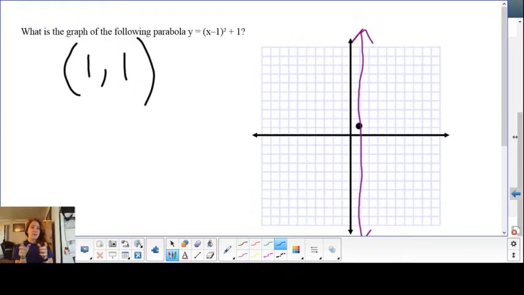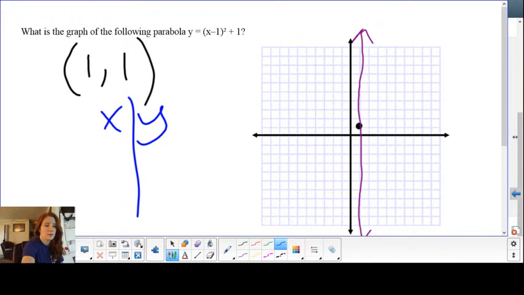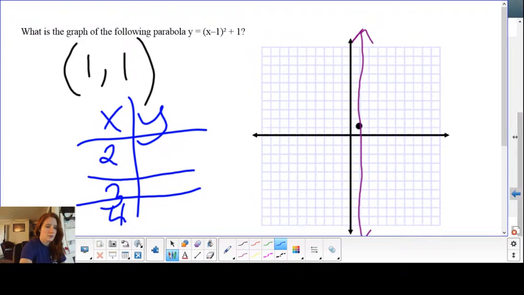I'm going to pick 3 values to the right of my x value. I like positive numbers. I'm just going to go with 2, 3, and 4.